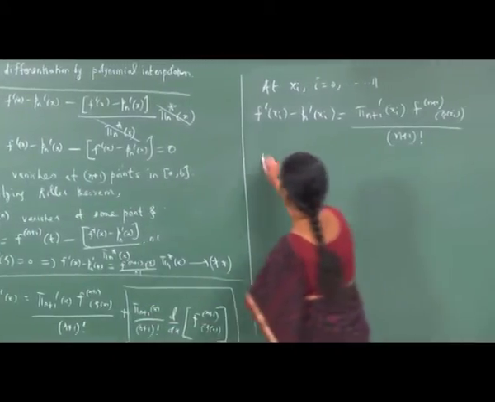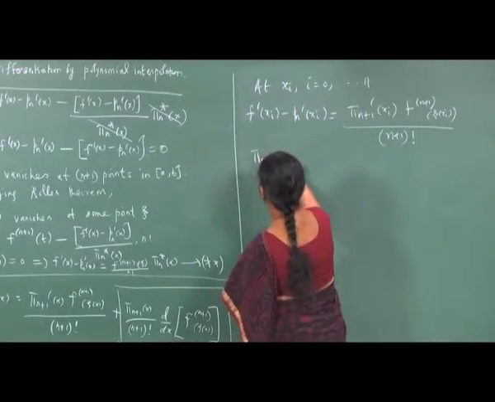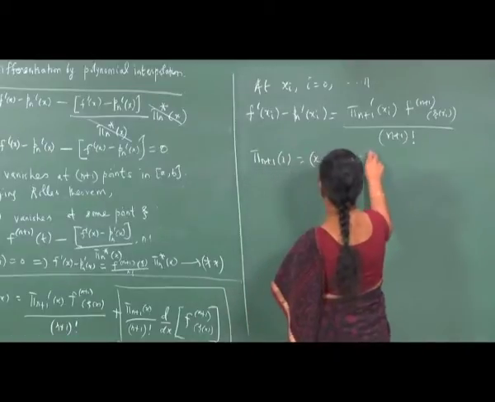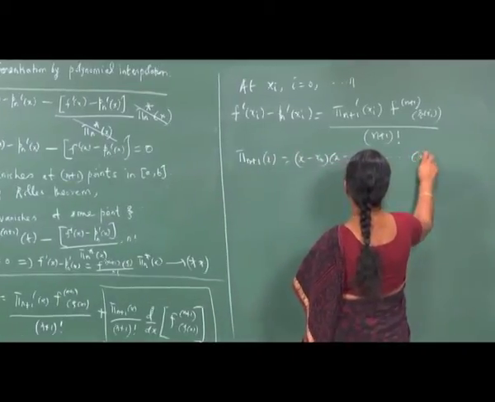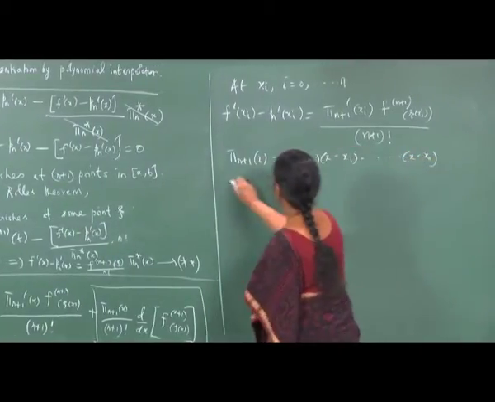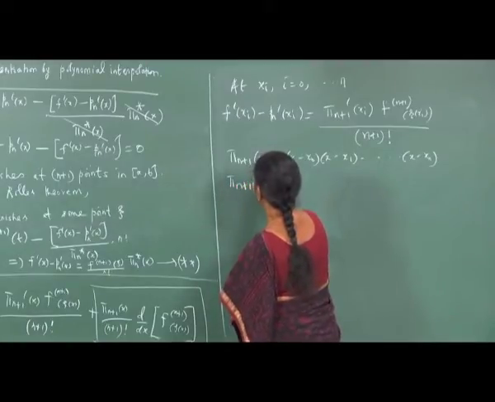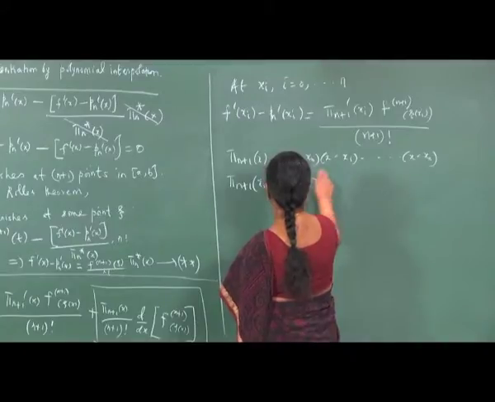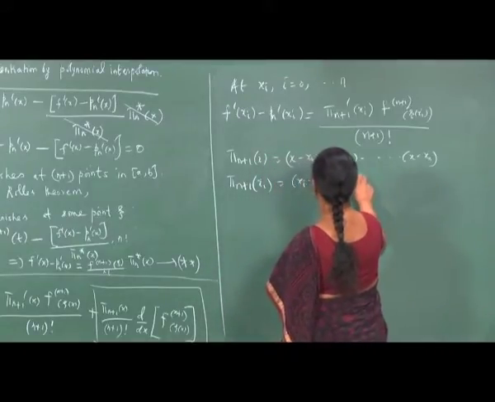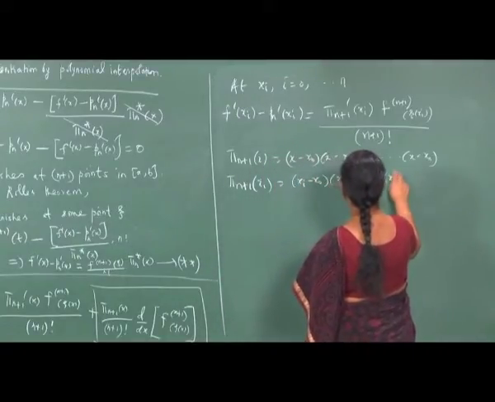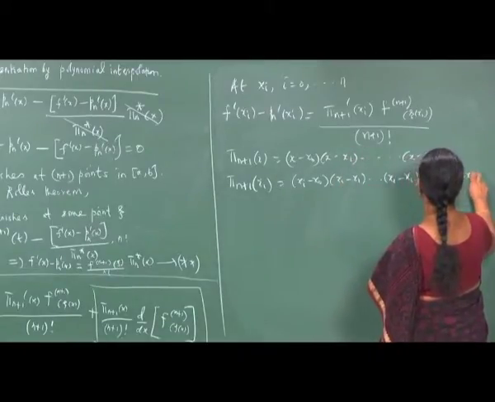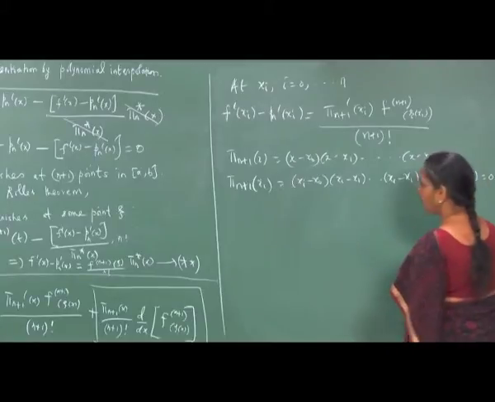What is pi n plus 1 of x? Pi n plus 1 of x is x minus x naught, x minus x1, etc., up to x minus xn. So, pi n plus 1 evaluated at xi will be xi minus x naught, xi minus x1 and so on. There will be a factor xi minus xi into xi minus xn, and so this is 0.